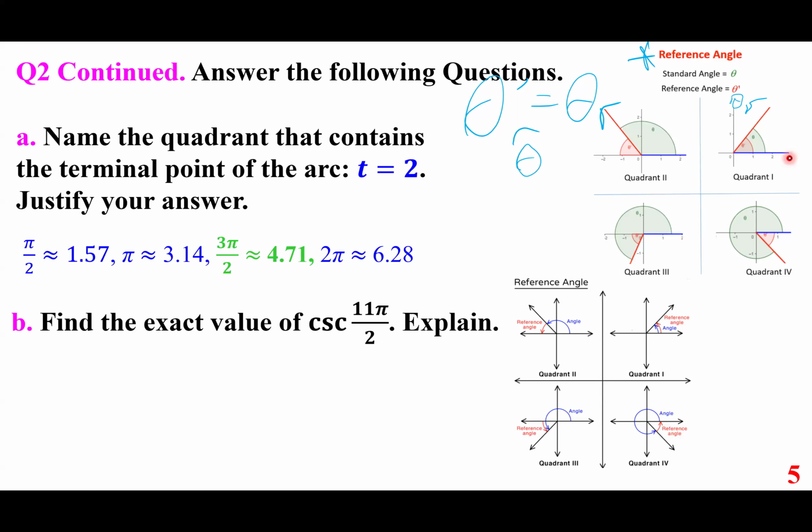So with that being the case, in the first quadrant it makes no difference. But if you're in the second quadrant, it is closest to the negative side of the x-axis. This becomes your reference arc. So in this case, they are identical.